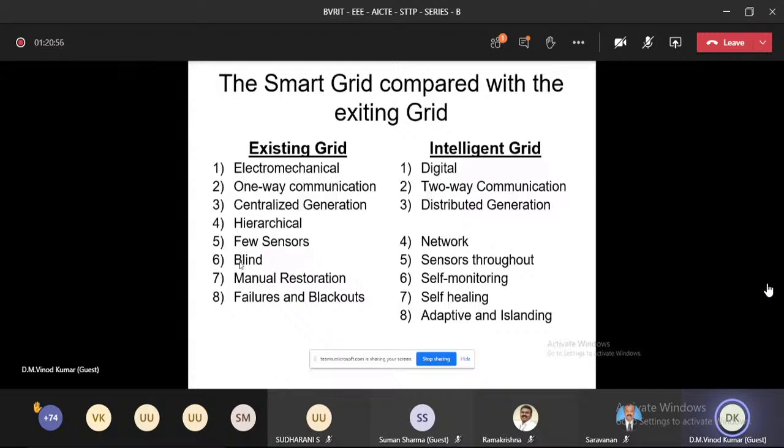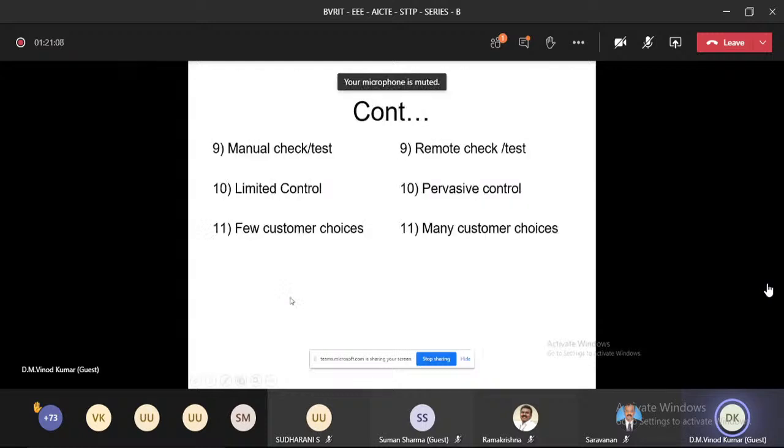But the smart grid is intelligent and self-healing, whereas restoration is manual in the existing grid. It is adaptive, and failures and blackouts will be there in the existing grid. Checking is manual, whereas in the smart grid it is a remote check, with pervasive control throughout the system. We can control it in the smart grid. Few customer choices versus many customer choices.